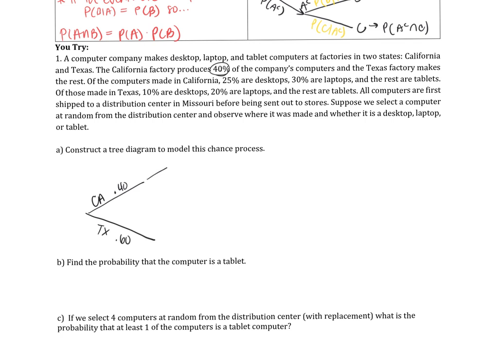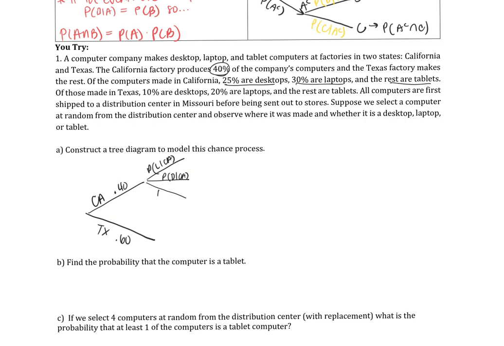Now, those are either laptops, so this is the probability of a laptop given California. They are desktops, laptops, and tablets.